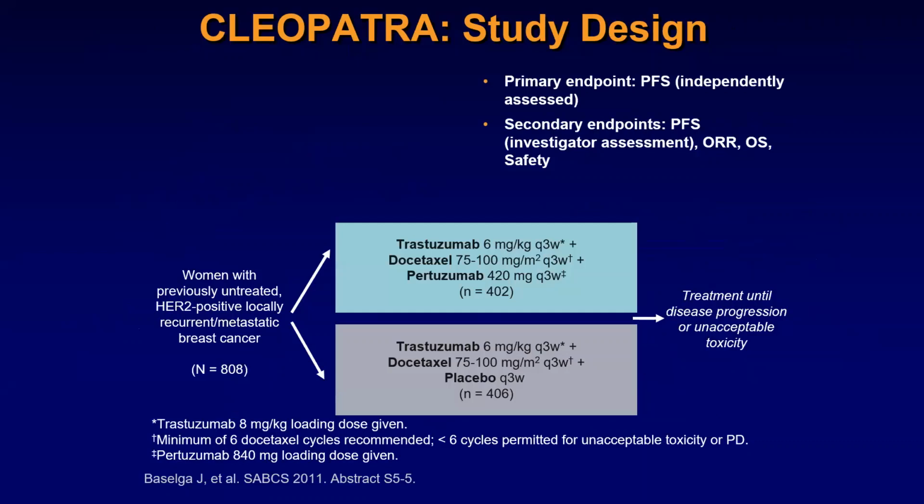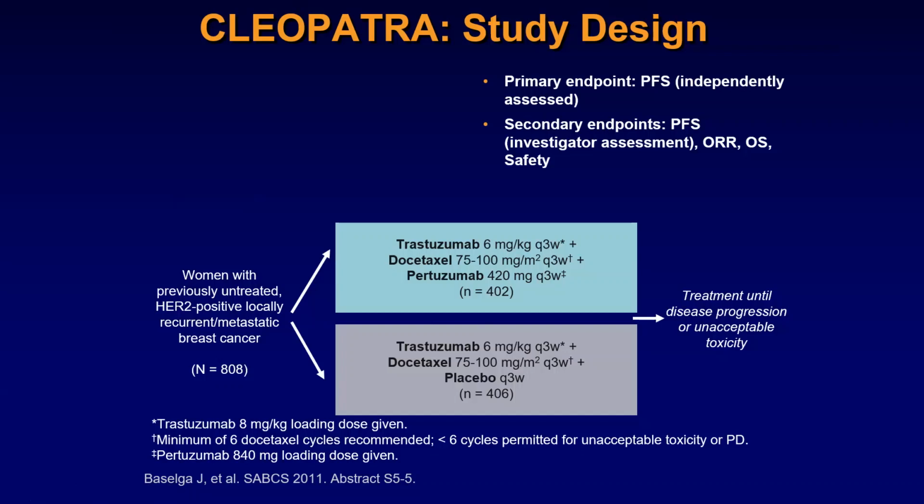And this study was designed, Cleopatra, looking at trastuzumab and chemo, docetaxel, with pertuzumab compared to just the trastuzumab and chemo. In this study, patients only received the chemo for 4 to 6 rounds, and then they dropped the chemo and continued the pertuzumab and trastuzumab, which is pretty easy therapy in the scheme of things.